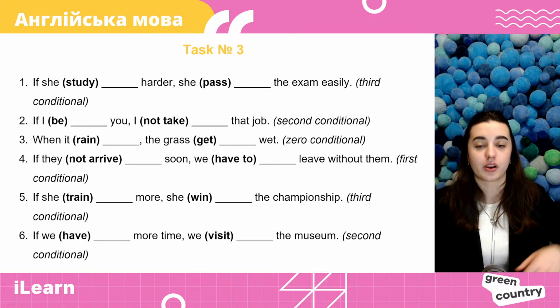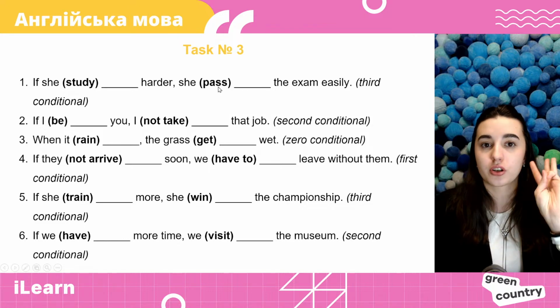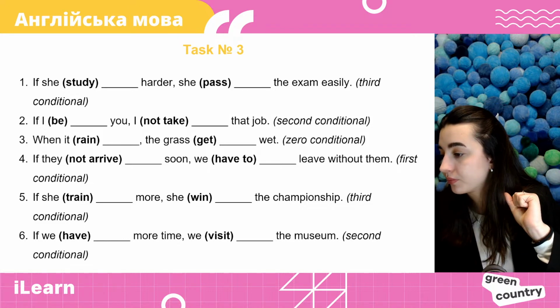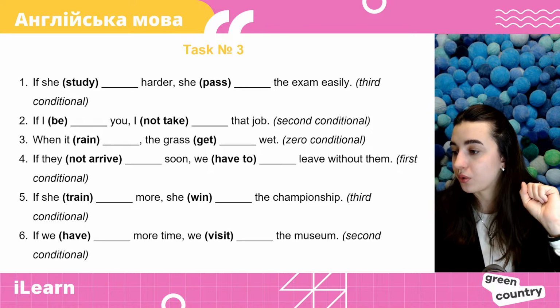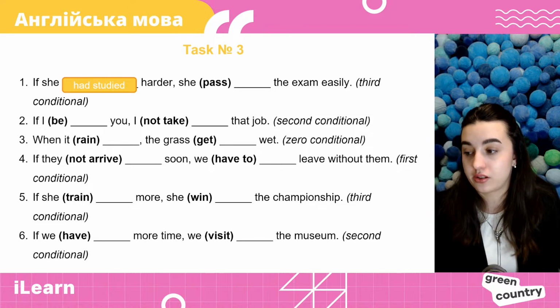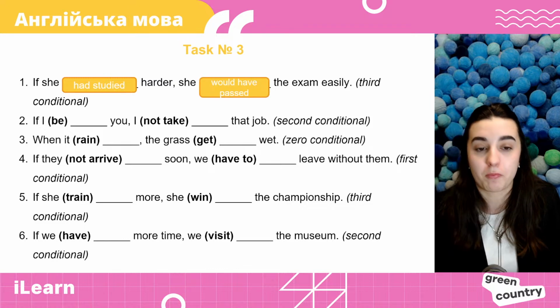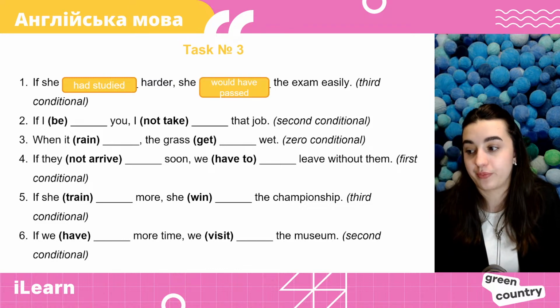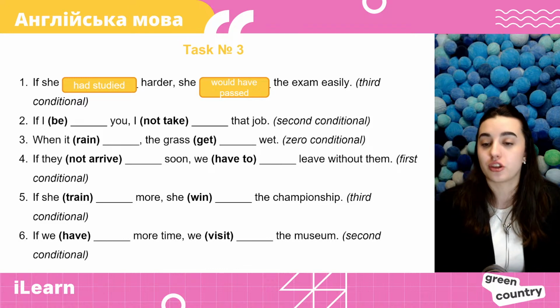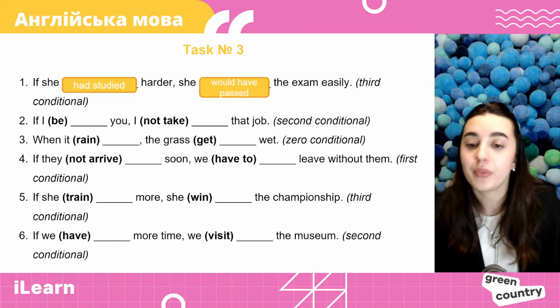Don't forget that after would, we use have and third form. Okay, so we have if she had studied harder, she would have passed the exam easily. Yeah, good, thank you. So as I can see, no mistakes for now.